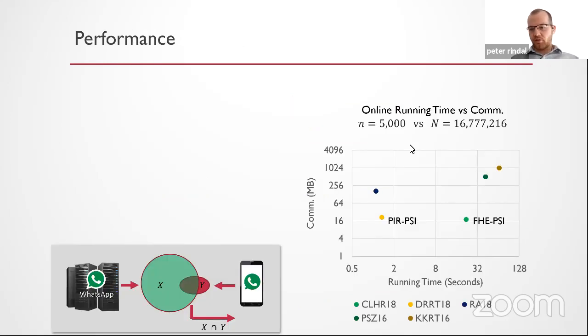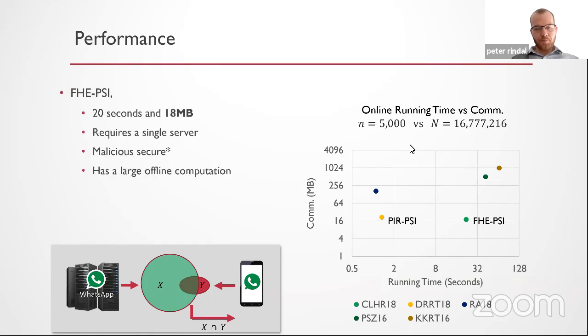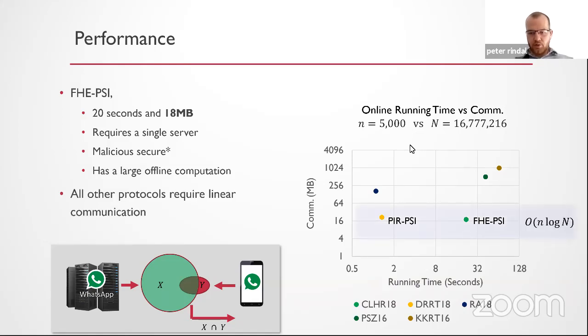So wrapping up, here is a sort of diagram of the performance of our protocol. Over here on the right, we have several protocols. So these two at the bottom, ours is the green one with higher communication or running time, excuse me.